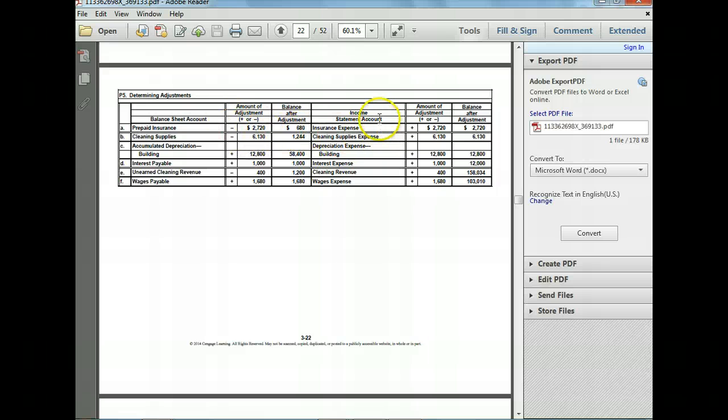And then on the income statement, the account that will be affected is insurance expense. This amount of $2,720 will be debited. After the adjustment, we're going to have a debit balance of $2,720. On our balance sheet, our prepaid insurance after the adjustment will be a balance of $680.